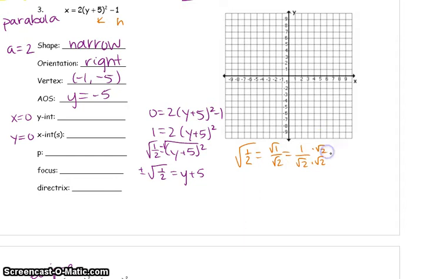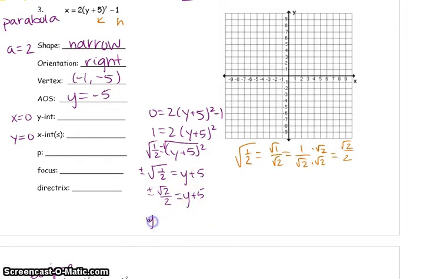So we multiply top and bottom by square root of 2 to get square root of 2 over 2. So that's the same thing as the square root of 1/2, okay? So if we were to just rewrite this, make it rationalized, we'd have plus or minus root 2 over 2 equaling y plus 5.